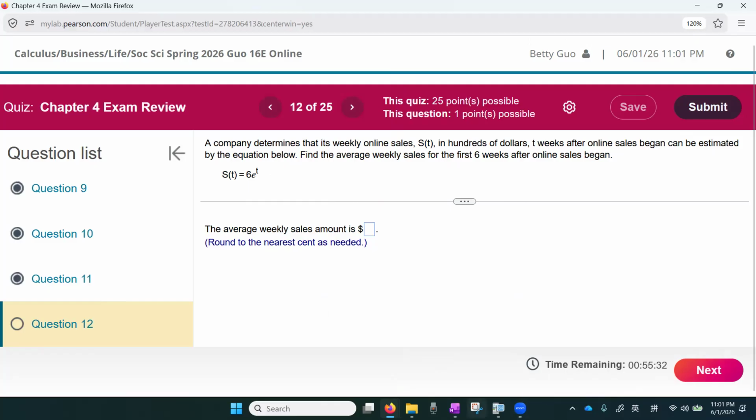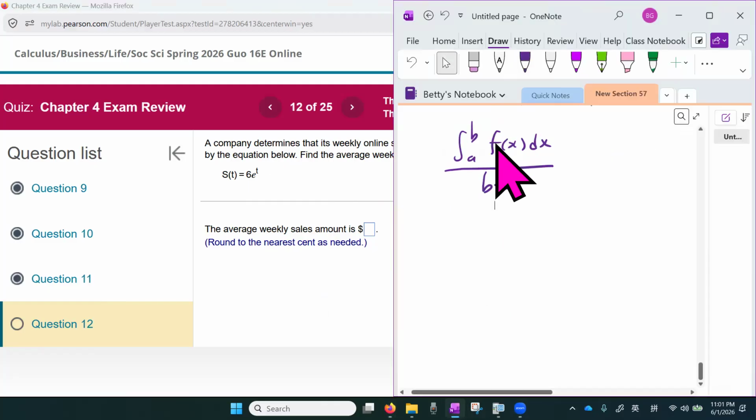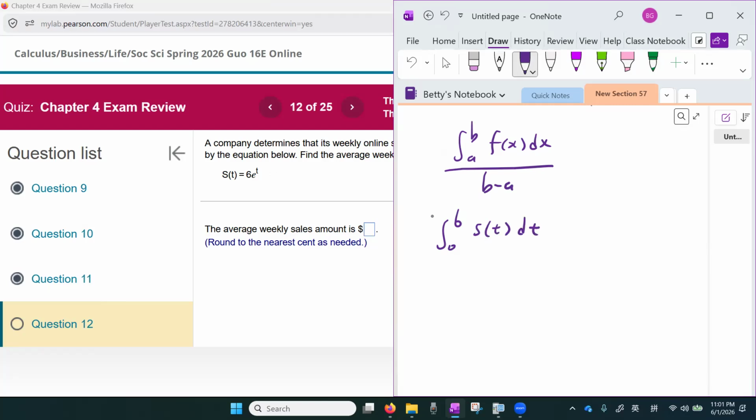We're accumulating the sales from the first 6 weeks and then dividing by the number of weeks. That's the idea. So we're going to have the integral from 0 to 6 of S(t) dt over 6 minus 0. From the first 6 weeks, the number of weeks is 6.